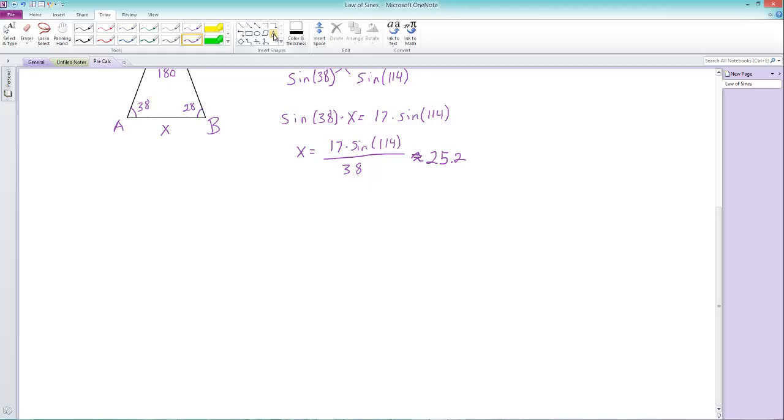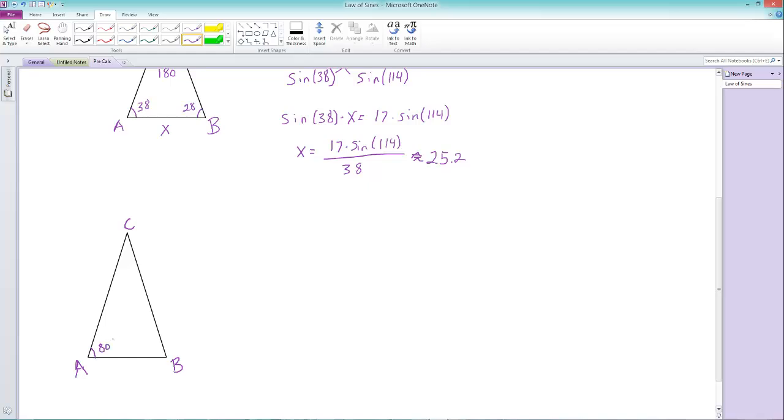We know that side a is 6.5. And we know that side b is 3.4. So we don't know side c, and we don't know the measures of angle C or angle B. We want to find the measure of angle B. So this is what we're asked.